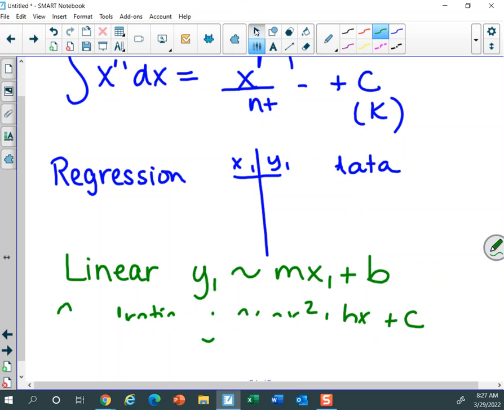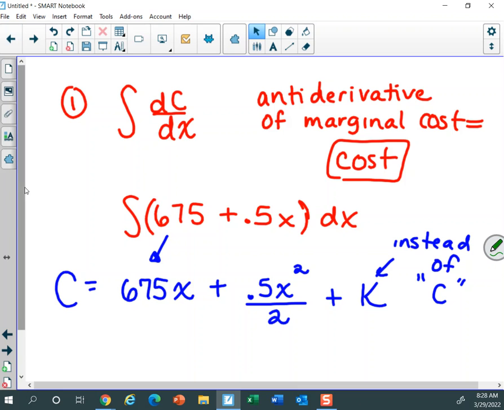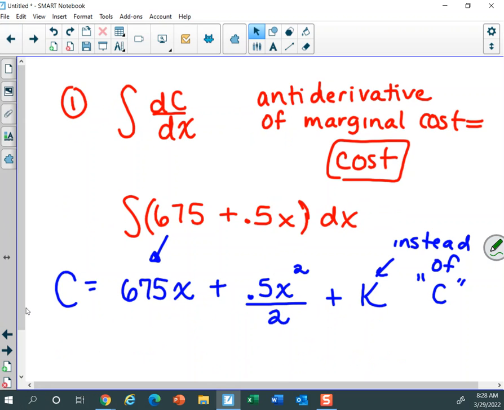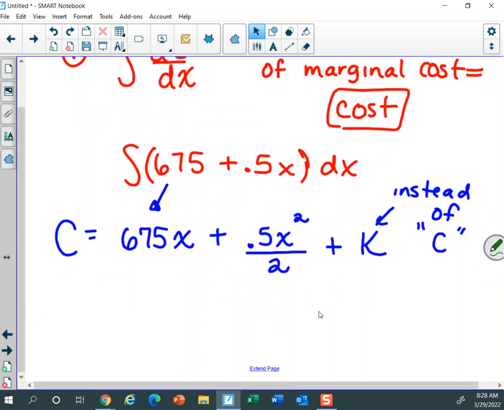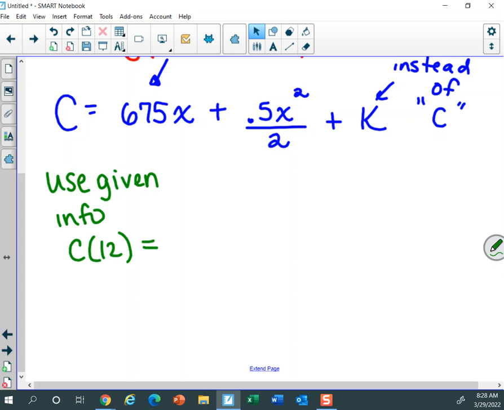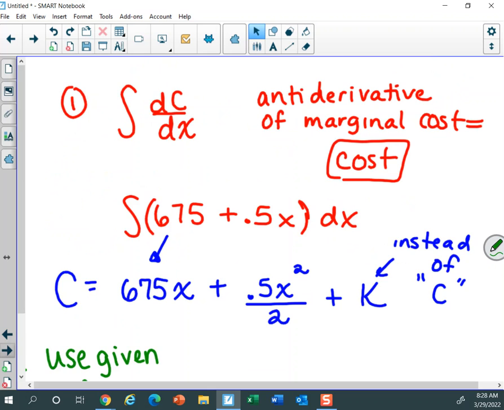Go back, stop, undo, there we go. All right. When I have my cost function mostly figured out, except for not knowing the constant, we use the given information, at least in this problem, that was the information that the cost value at 12 was 81.36.